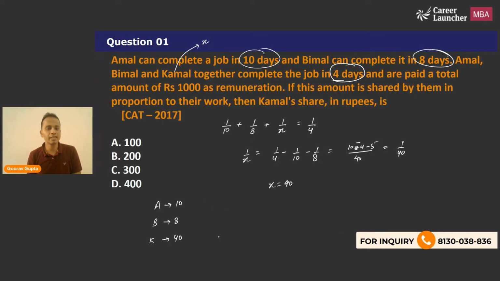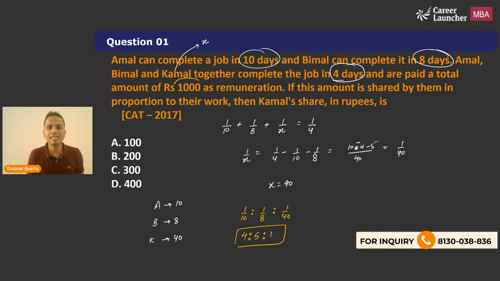So the ratio of the efficiencies of these three people will be 1 upon 10 is to 1 upon 8 is to 1 upon 40. Upon simplification, it will be equal to 4 is to 5 is to 1. So the money they receive will be distributed between them in the ratio of 4 is to 5 is to 1.